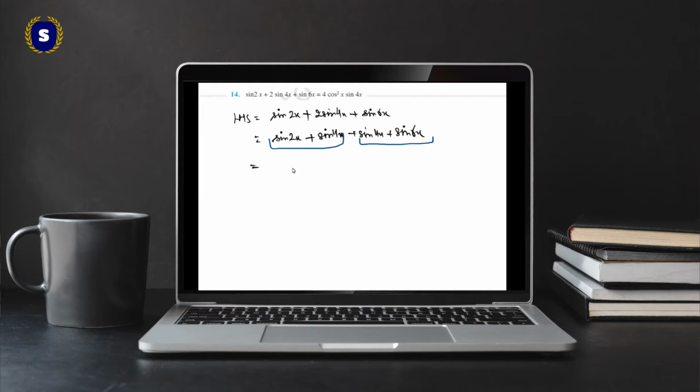So sine A plus sine B will become sine A plus B divided by 2, that is 6x upon 2, into cos A minus B, that is minus 2x upon 2, right, plus 2 same identity sine 10x divided by 2 dot cos minus 2x divided by 2.